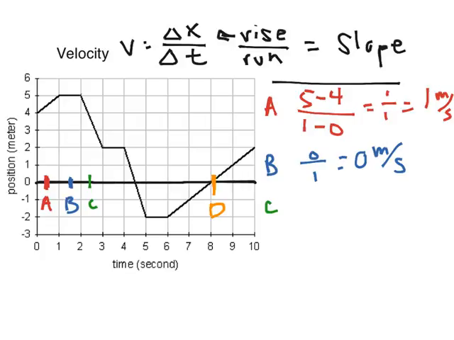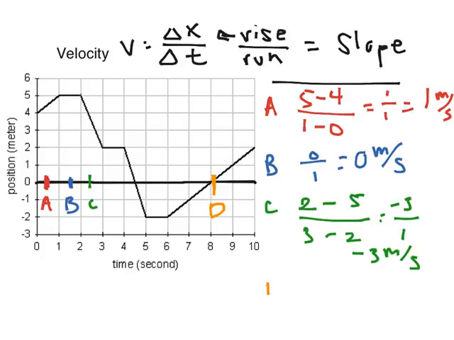Remember it's rise over run, so our final rise is at 2, subtract your initial rise, which was 5. This is over your run, where our final was at 3 and our initial was at 2. So 2 minus 5 is negative 3, over 1, which gives you negative 3 meters per second.